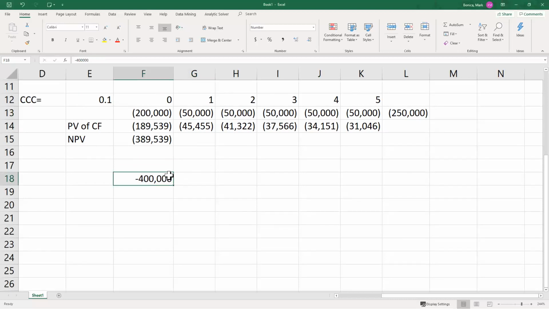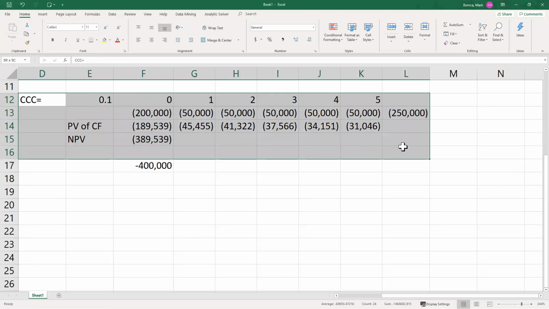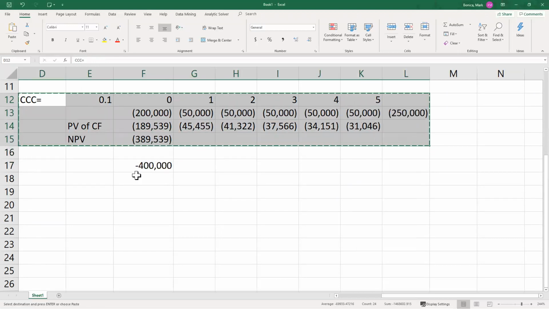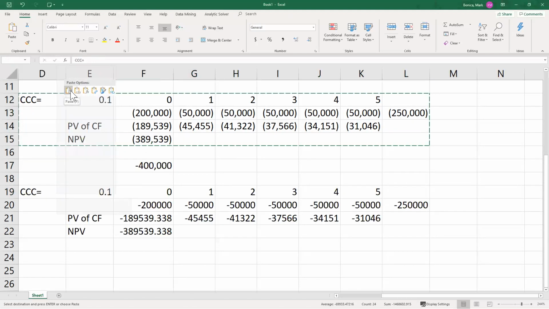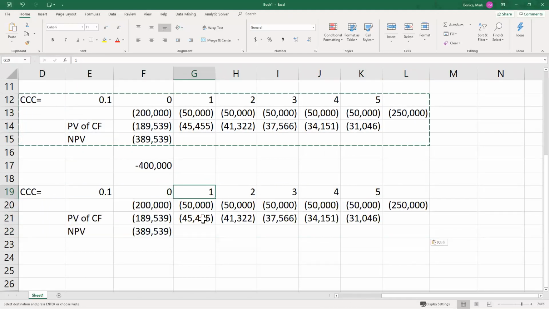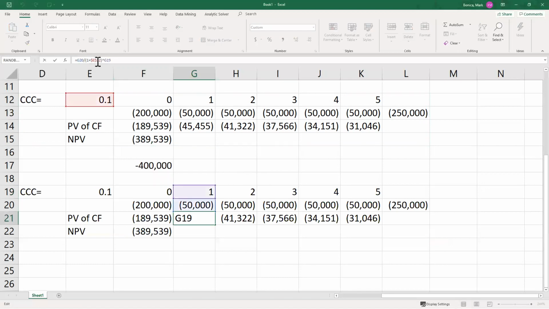Okay. So if the risk of this investment is about the same as a normal, average investment for the firm, then you would use the corporate cost of capital. Now, here's a little bit of a trick, right? What if we said, you know what, actually, this risk, let me change this.